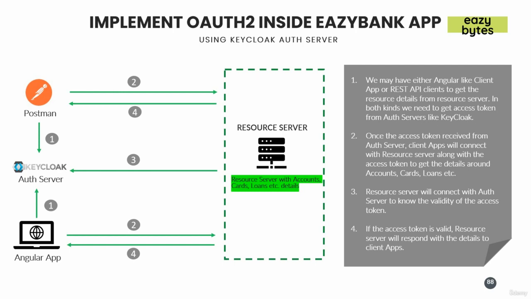This resource server, or backend server, will not have anything related to authentication and authorization. So I'm going to remove all database interaction for login operations, all the authentication providers, password encoders, and filters, and my backend server will simply act as a resource server. Whenever someone tries to access it by passing a valid access token, it will give a proper response.